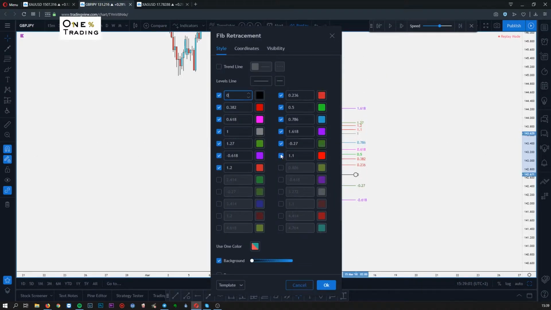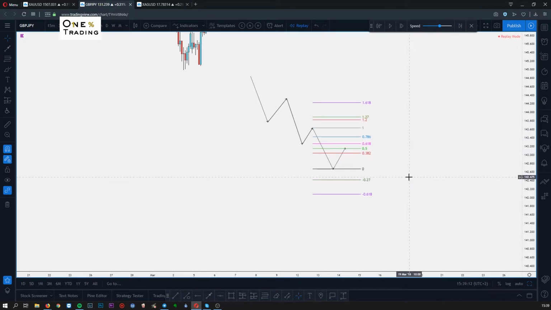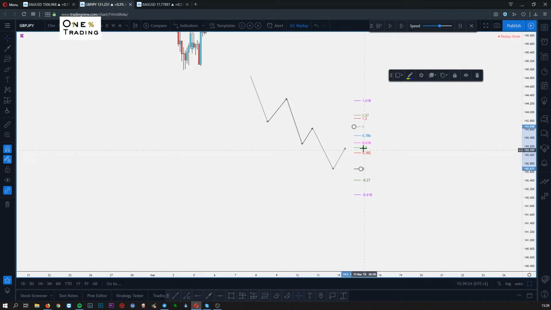And then what most people will teach you is that you are looking for additional confirmation at these fib levels. So let's say the price bounced from here lower, you would say, okay, this was 0.5 fib retracement.